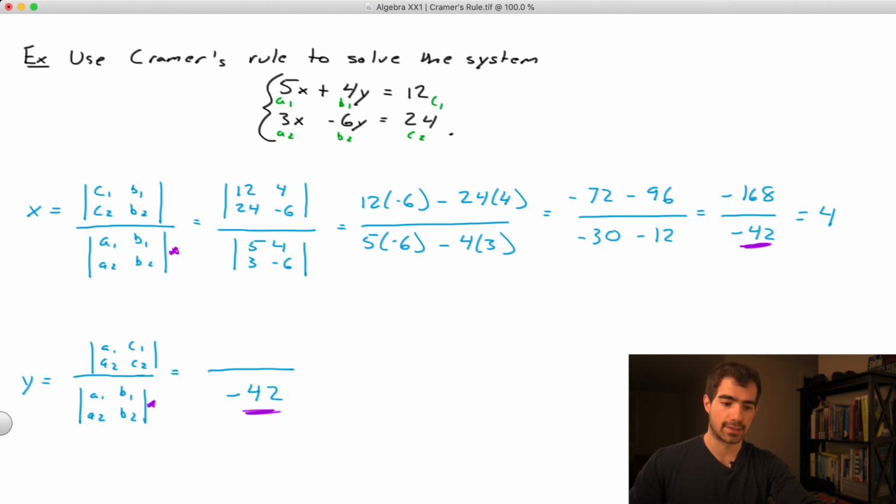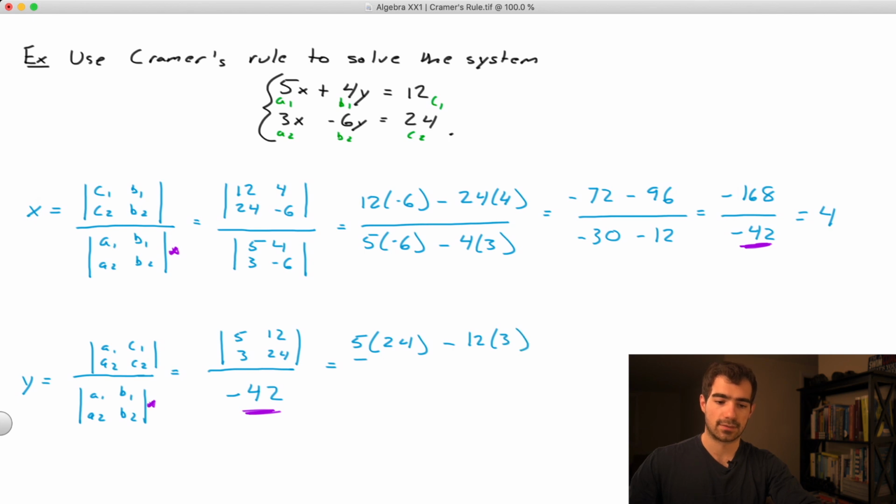So in that case, it's going to be 5 and 12, and A2, C2, or 3 and 24. To take the determinant, we'll multiply the two along this first diagonal, so we'll have 5 times 24 minus the product of this second diagonal, so 12 times 3.